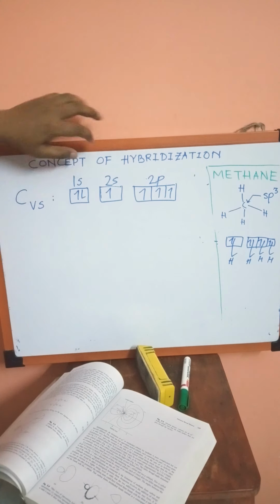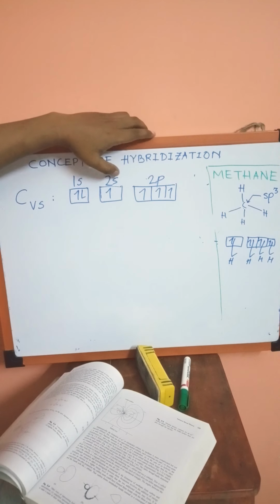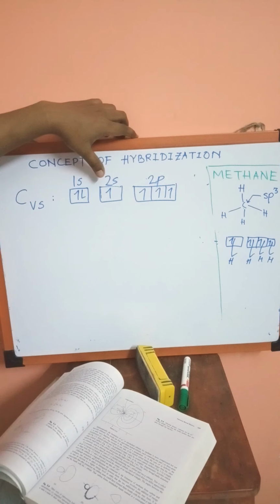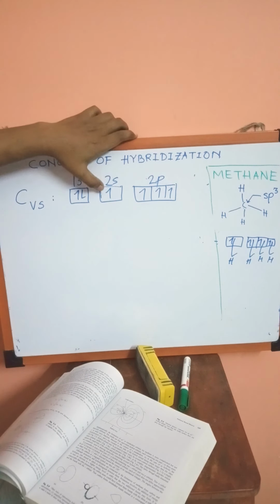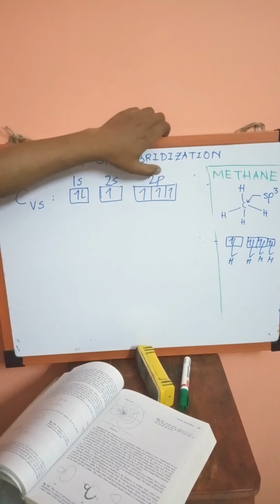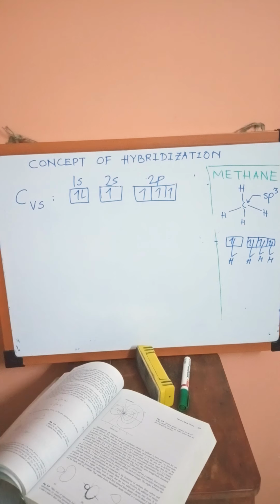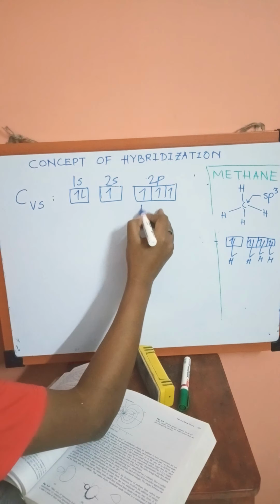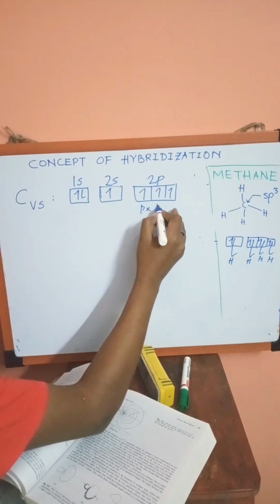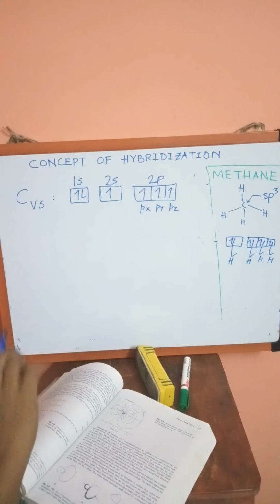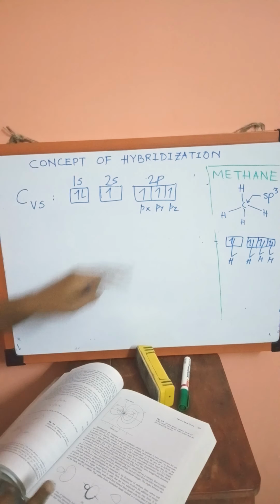So through this hybridization, this 2s and 2p are going to mix. So how many orbitals are there in case of 2s? It is 1. And how many orbitals in case of 2p? That is 1, 2, 3. These are termed as px, py, pz. This x, y, z are nothing but according to the axis.